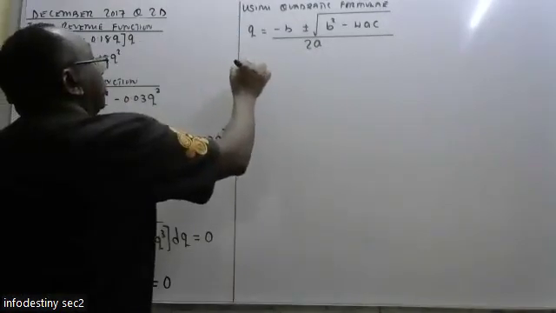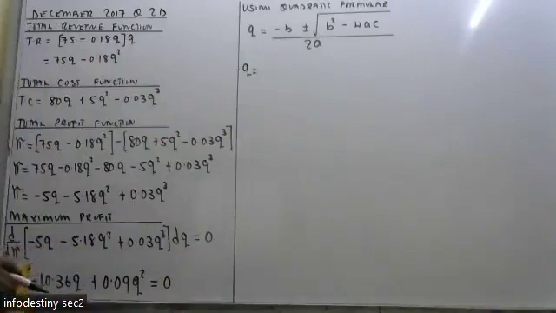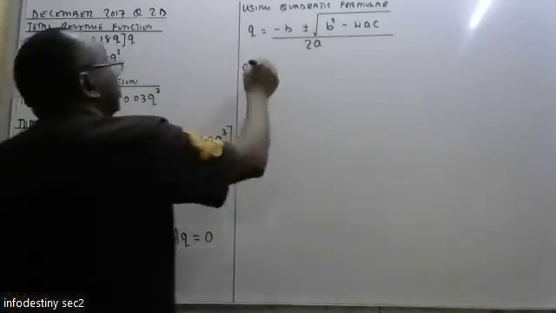So this becomes Q is minus B. B is already minus, so it becomes positive.